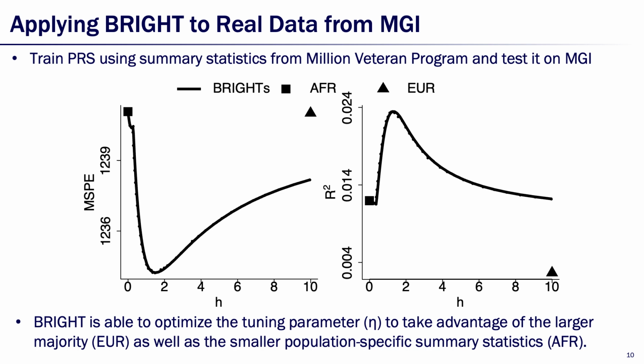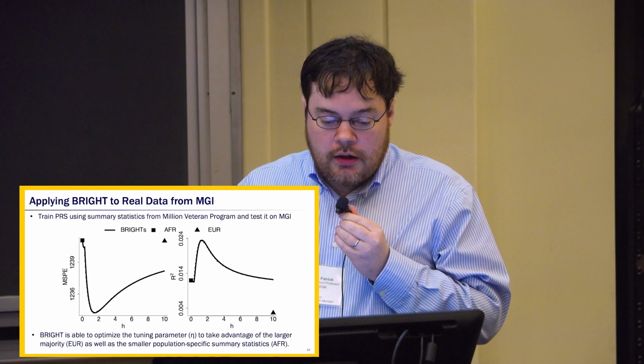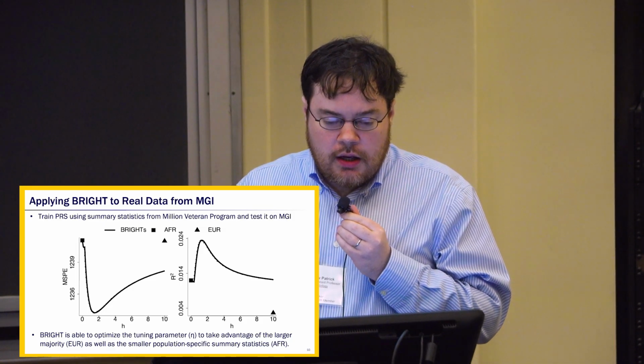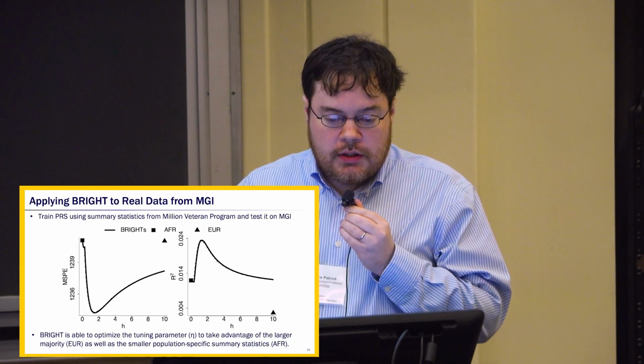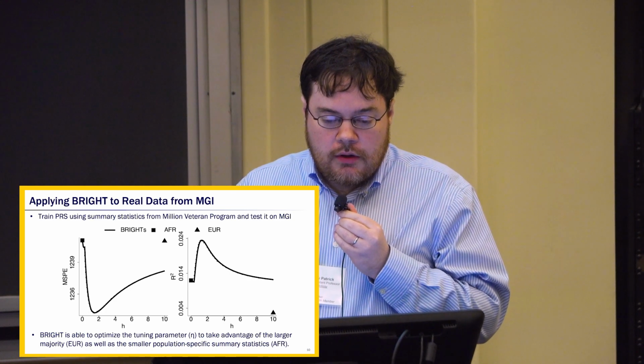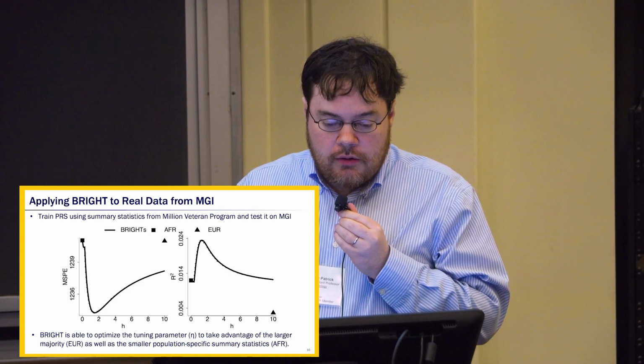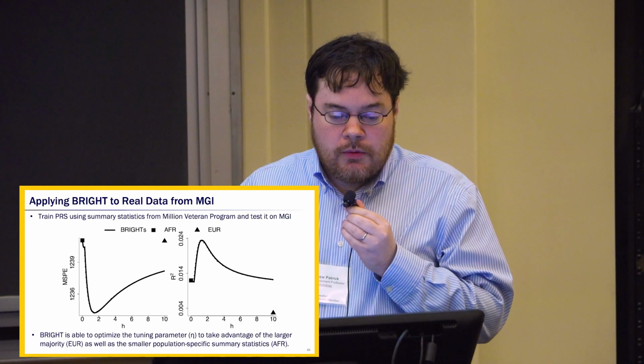Then applying this to MGI, we trained the model using summary statistics from the Million Veteran Program, and in these plots the square represents the African American population, and the triangle the European population.